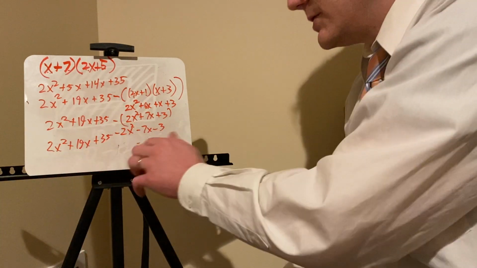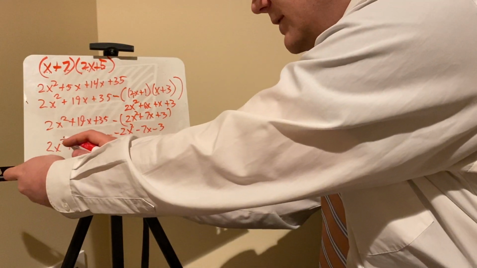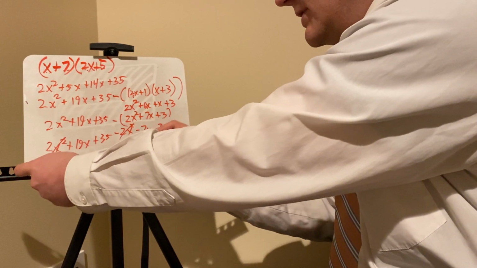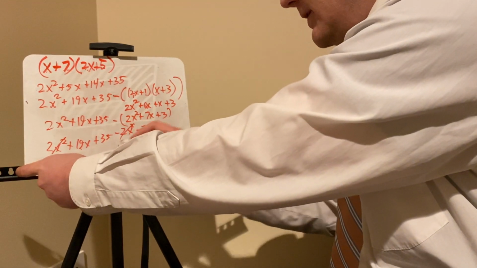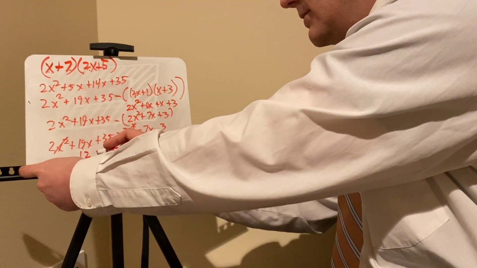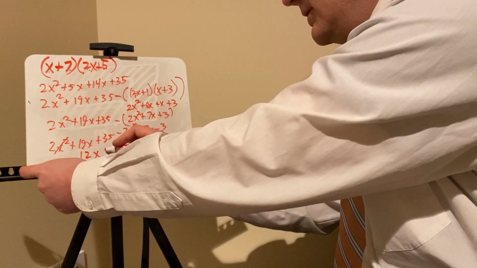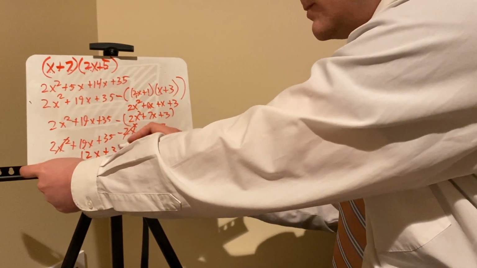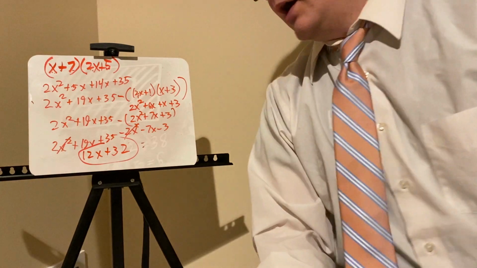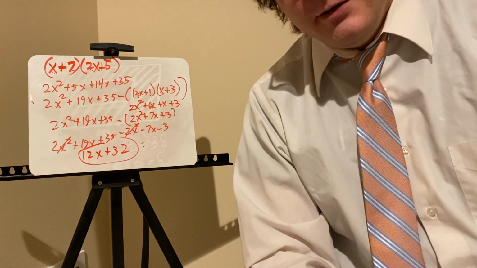I can now combine all these terms. 2x squared minus 2x squared cancels out. That was easy. 19x minus 7x is 12x. 35 minus 3 is 32. So it ends up just being a linear expression. And that's how you would use that to figure out the area of a shaded region.